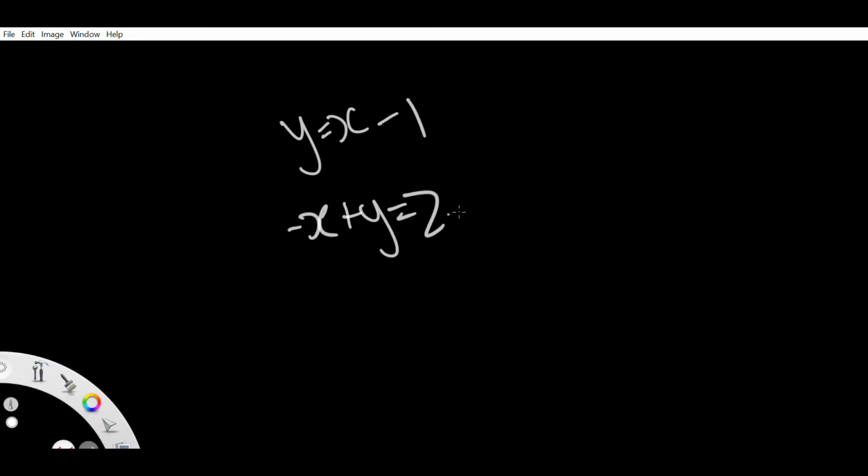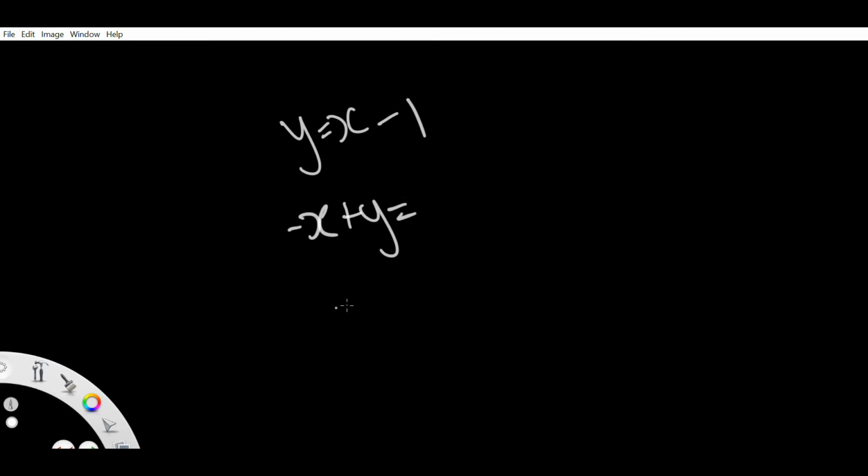A consistent system can be solved using any of the traditional solving methods, whereas inconsistent systems usually look something like this. Here, these two do not have any solutions, thus they're inconsistent systems.